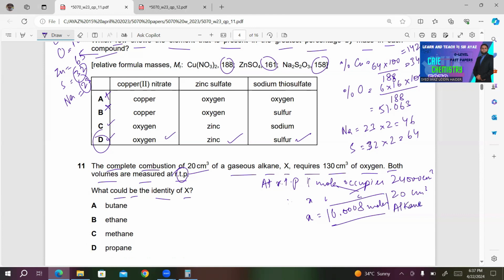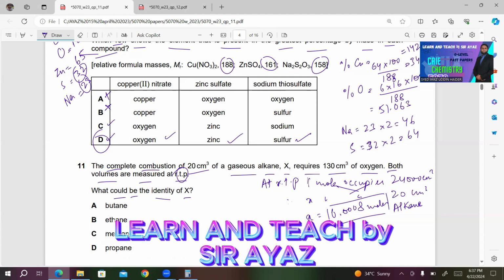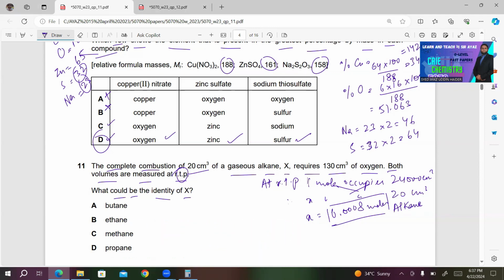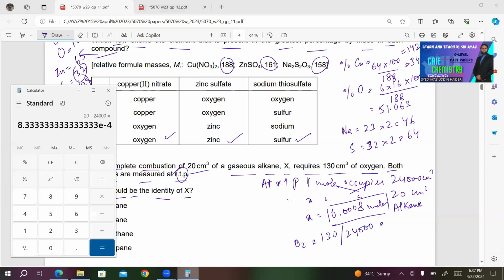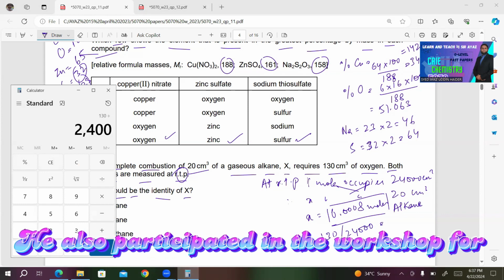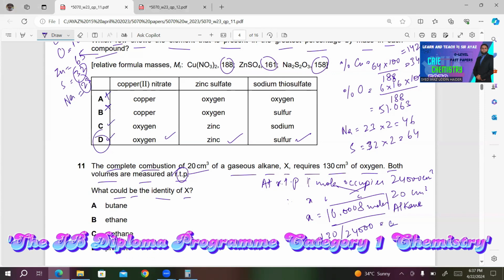For oxygen, the same logic is applicable, and this time I will divide 130 by 24,000 centimeter cube. So 130 divided by 24,000, and we are getting 0.00541.